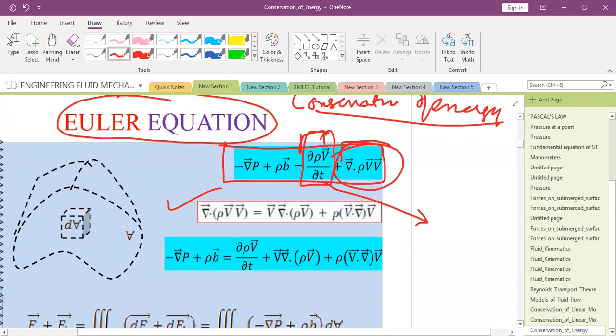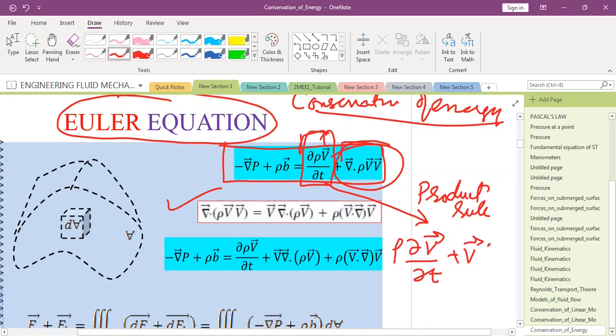Anyone? How can I simplify this term? Which rule should I apply? Can I apply the product rule? Product rule, yes, sir. So what do I get? Del P with respect to dt keeping V constant.